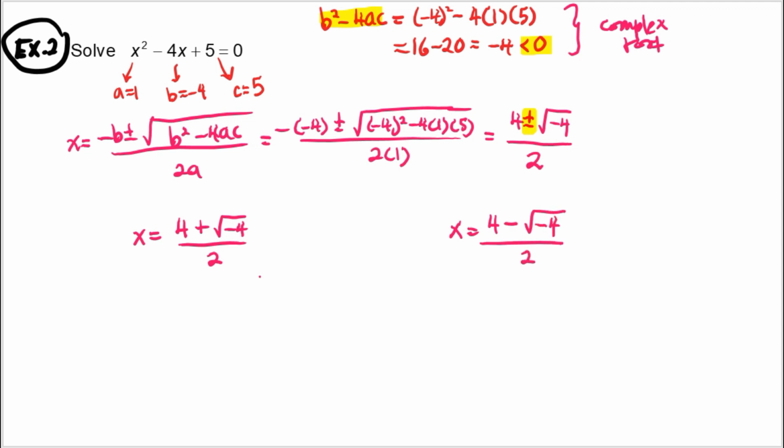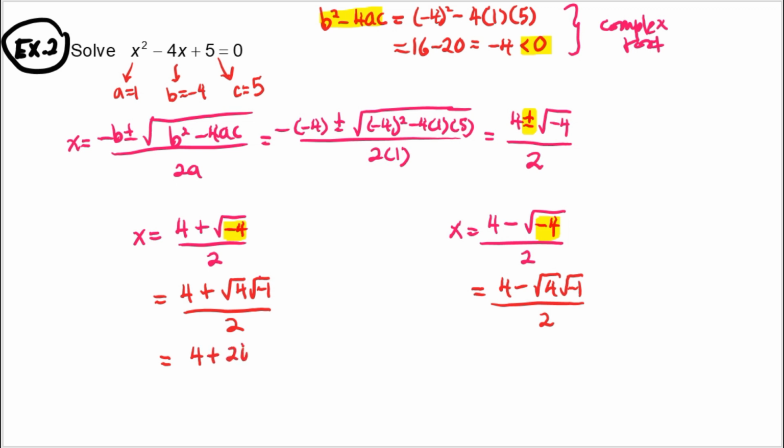Now we have the square root of negative 4, so we want to break this into square root of negative 1 multiplied with 4, right? So this one will have 4 plus square root of 4 times square root of negative 1, divided by 2. And this one will have 4 minus square root of 4 times square root of negative 1, divided by 2. Now we simplify this. We have something like 2i, because recall that square root of negative 1 is i.